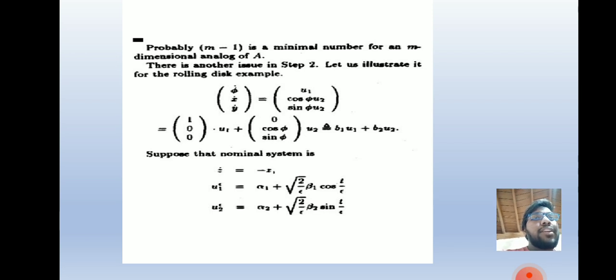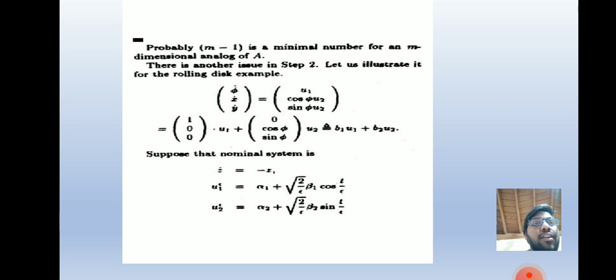There is another issue in step 2. Let us illustrate it with the rolling disk example. phi dot, x dot, y dot is equal to u1 cos phi, u2 and sin phi u3. Here that is equal to 1 0 0 times u1 plus 0 cos phi sin phi times u3, which belongs to the span, equal to b1 u1 plus b3 u3.